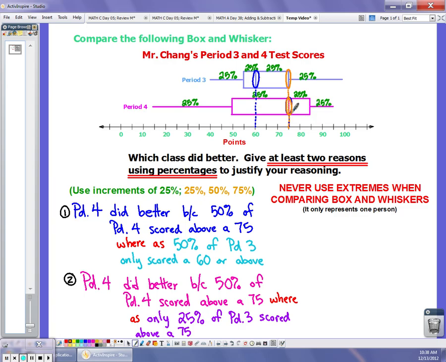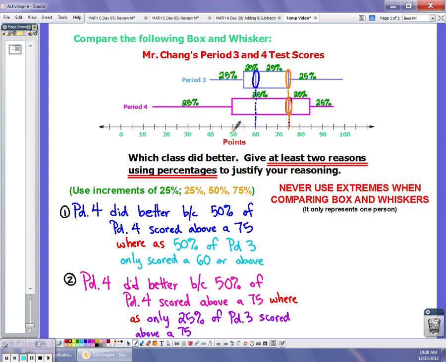Now, somebody could have stated that period 3 did better by looking at the lower quartiles. In period 3, 75% of the class, that means 3/4 of the class, scored a 55 or higher, whereas in period 4, 75% of the class only scored a 50 or higher. So somebody could argue that period 3 did better.